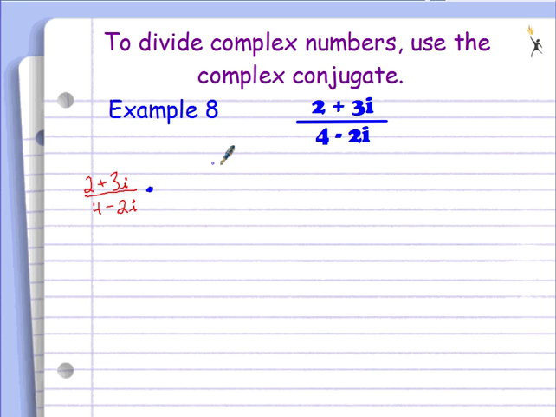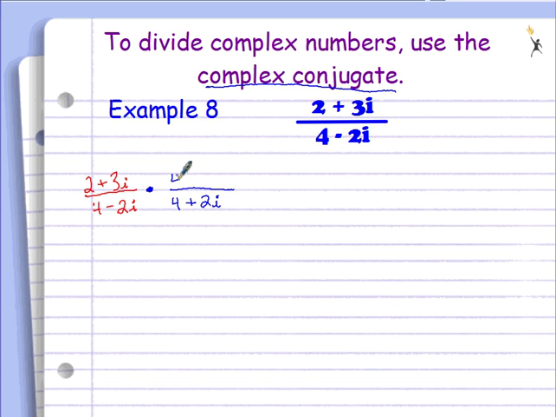So what you're going to do is you're going to multiply by what we call the complex conjugate. And if you recall from the beginning, all the complex conjugate is the opposite of the equation. So now, it's only going to be the complex conjugate of the denominator. So I'm going to change this to 4 plus 2i.